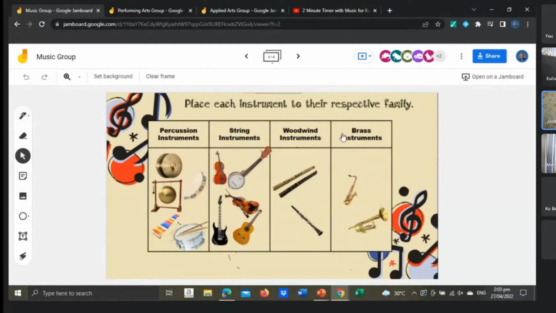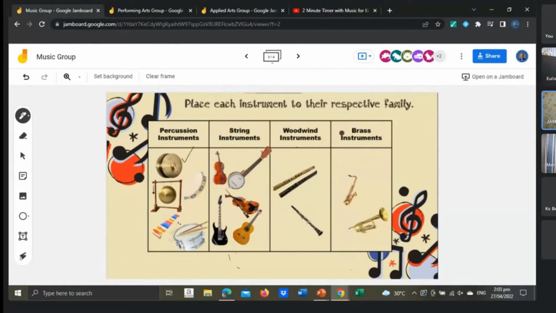For the percussion instruments, these are instruments that produce sounds by hitting, tapping, or being scraped. We have here cymbals. Cymbals produce sounds by hitting, so this is a percussion.